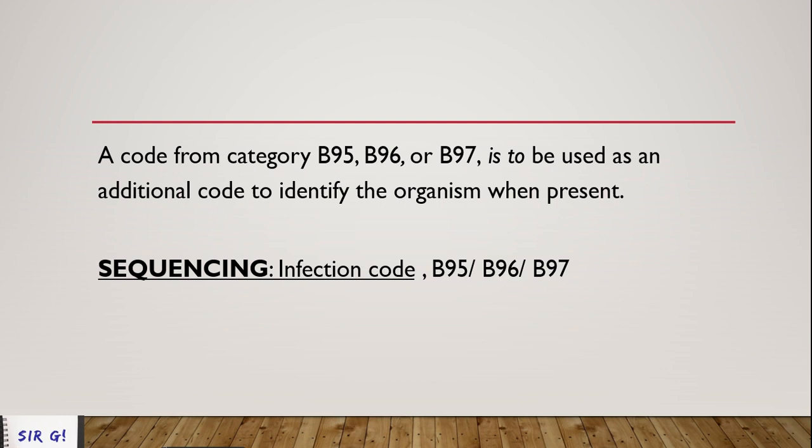It should be one category only if it's just one organism. If it's B95, use only B95. If it's B96, B96 only, or B97, B97 only. But the first code should always be the condition or the infection. A common example there is your UTI. So keep in mind those things.